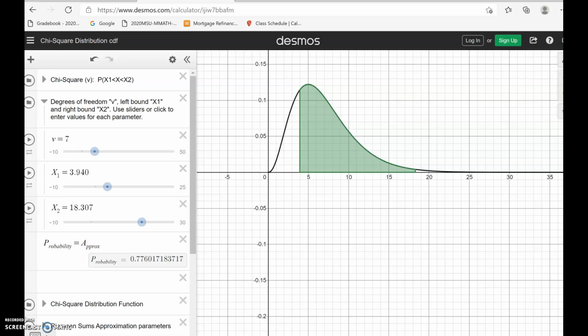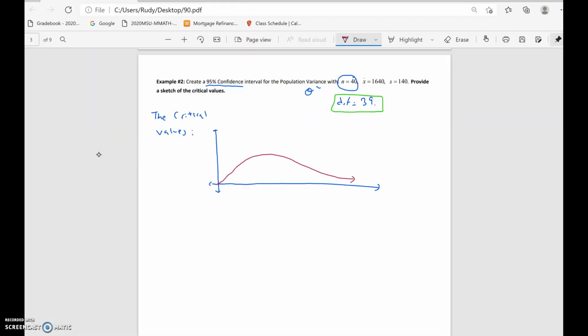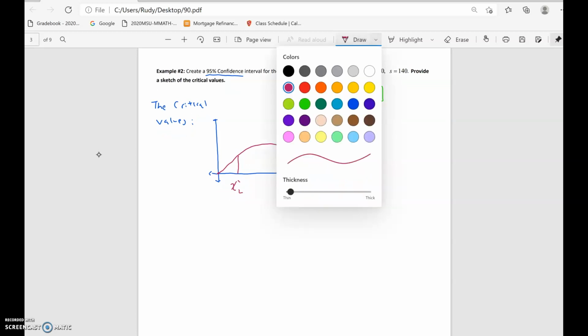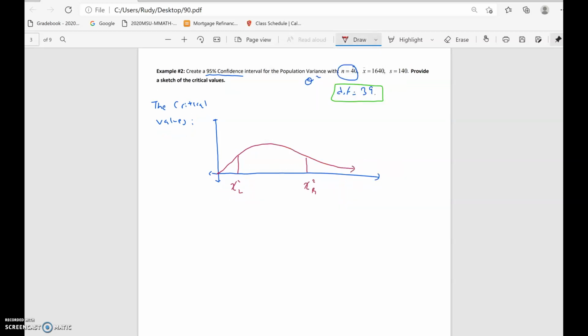So let me go back to this one. And we're still gonna have the same placement. So this portion here is the one on the left. This chi-square value here is gonna be the one on the right. And then let me actually shade it.